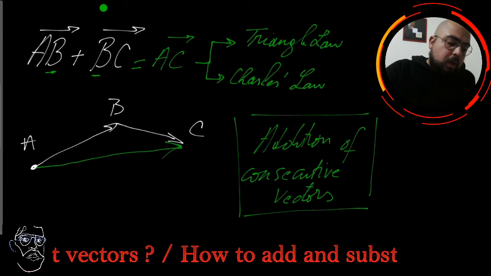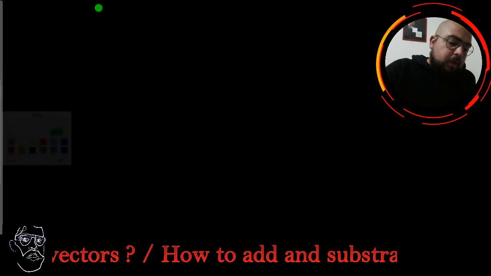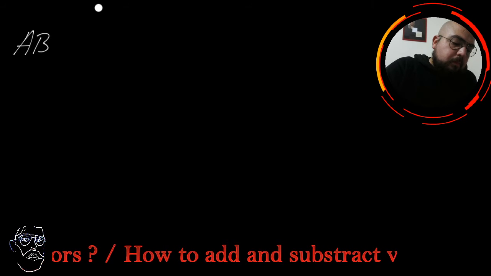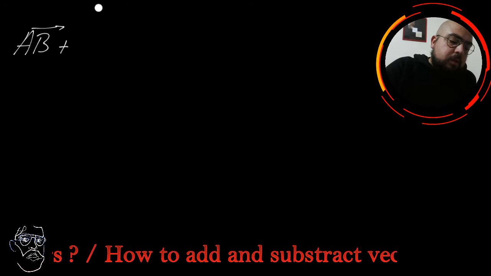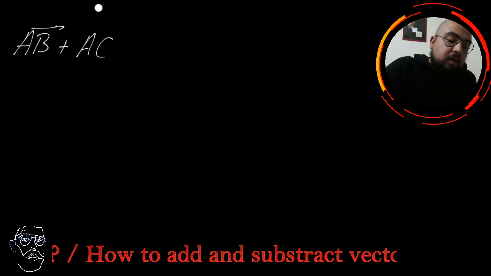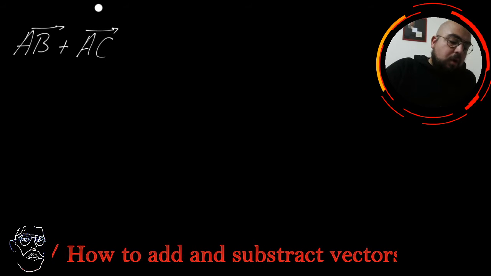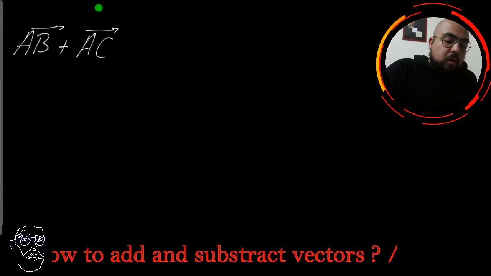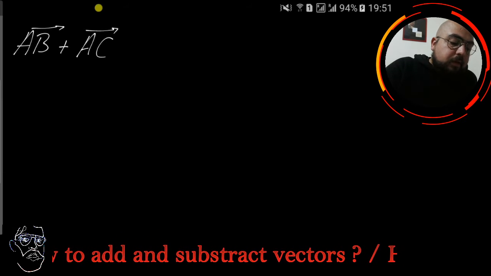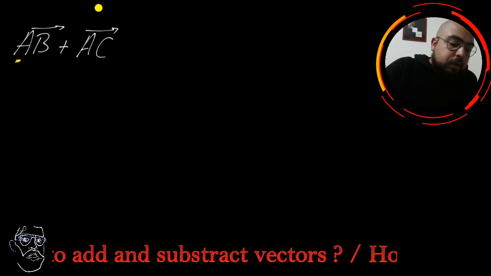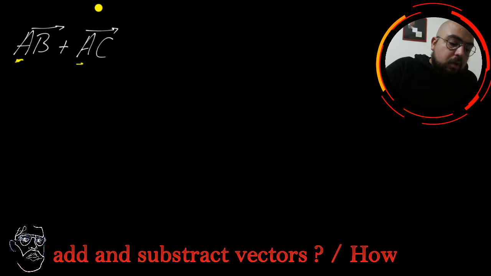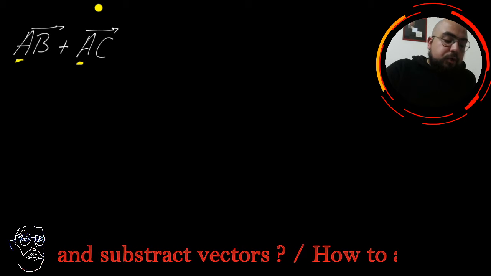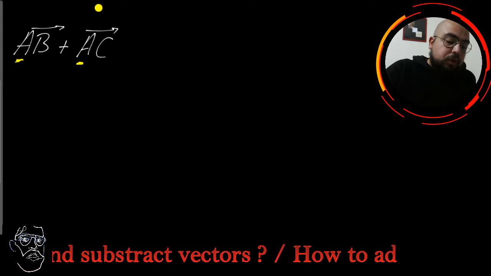Now, what about the second type of addition? The second type is when I have AB plus AC. As you can see, I do not have consecutive vectors. I have two vectors with the same origin A. So AB plus AC is the addition of two vectors having the same origin.